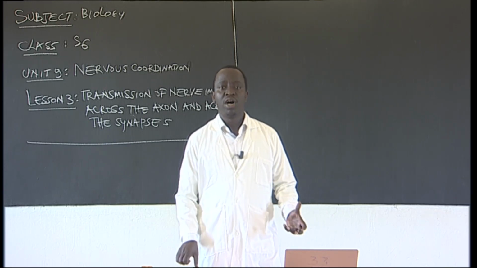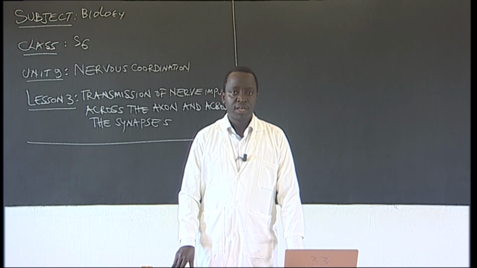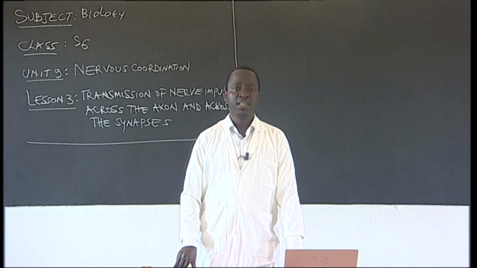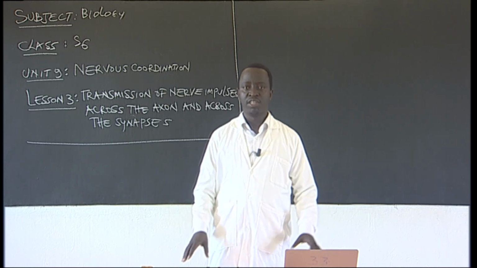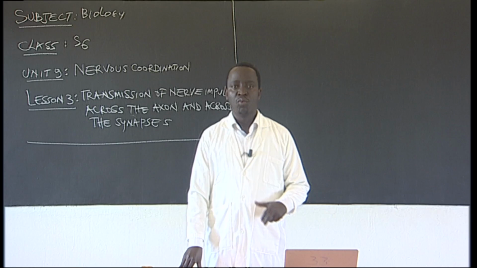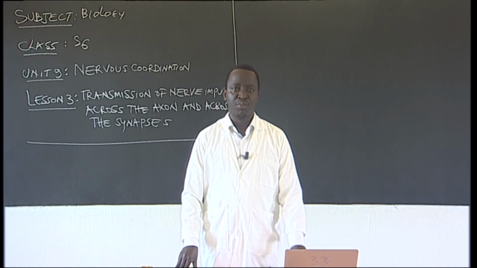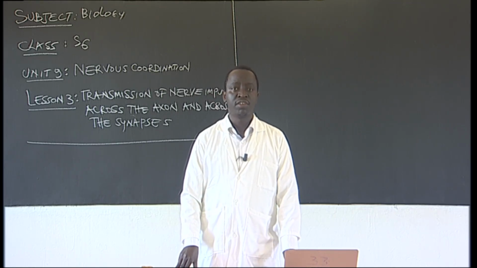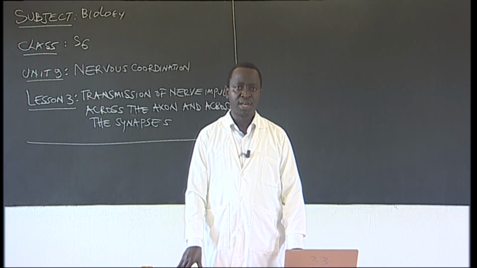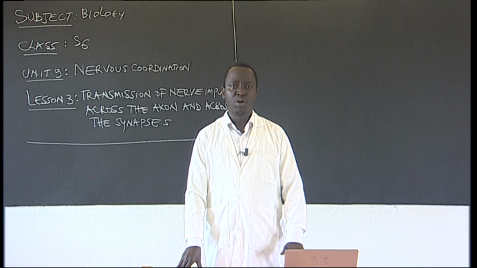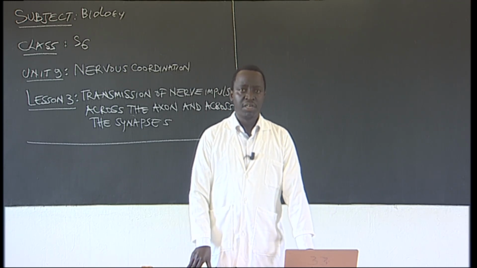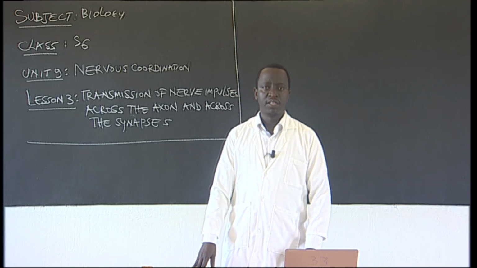And remember, we said that a neuron or a nerve cell is a cell that helps to transmit the information, the message, from one part to another part, from sensory cell to central nervous system, or from the central nervous system to sensory organ. So now we are going to see how the message can be transmitted across the axon.